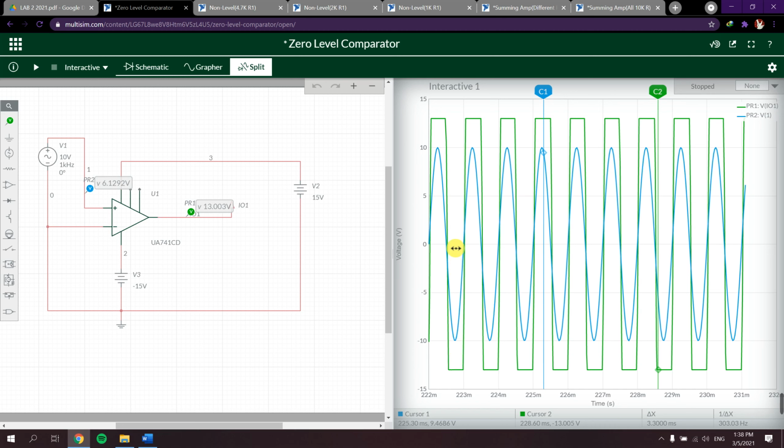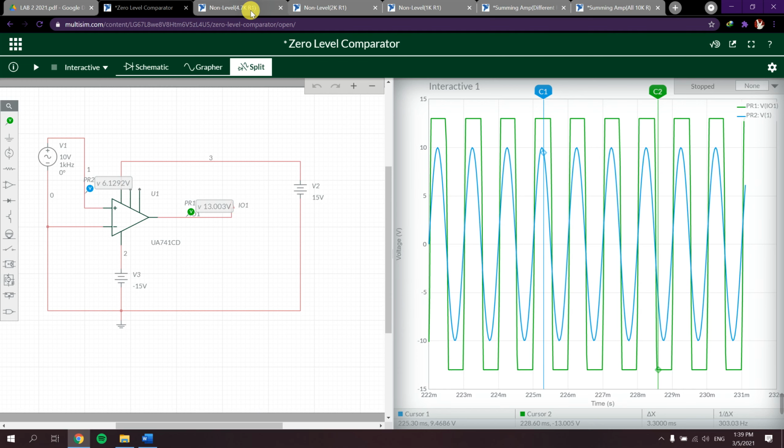So the value has increased from 10 volts to negative 13. Actually it should be more, because we are using a 15 volt VCC, so the output is cut off at less than 15 volts.